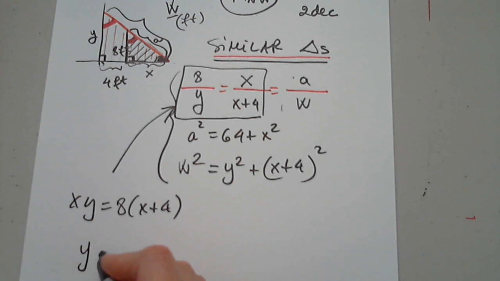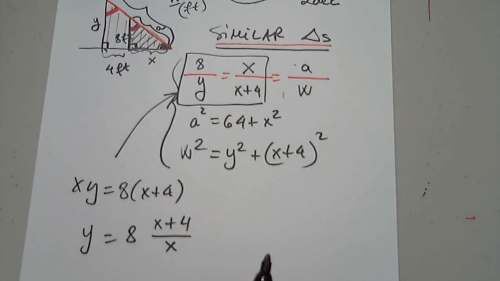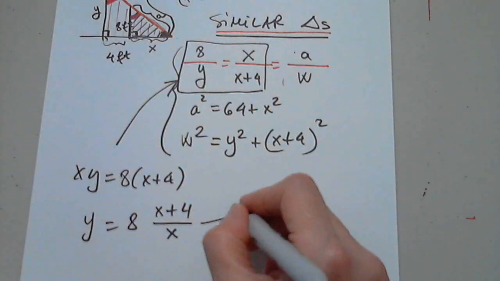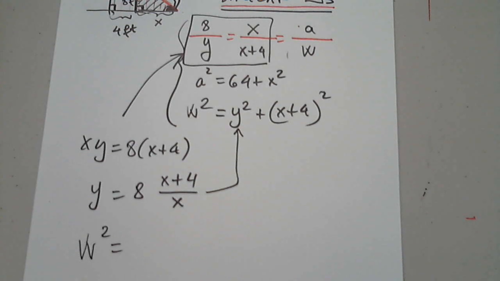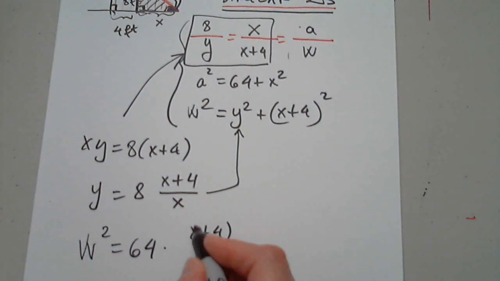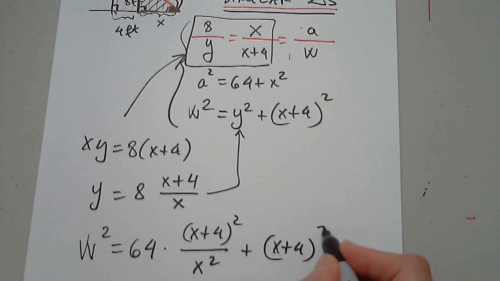So from here I have that y equals 8(x plus 4) over x. I'm going to replace this in here. So I have w squared equals this squared, which is 64 (x plus 4) squared over x squared, plus (x plus 4) squared.